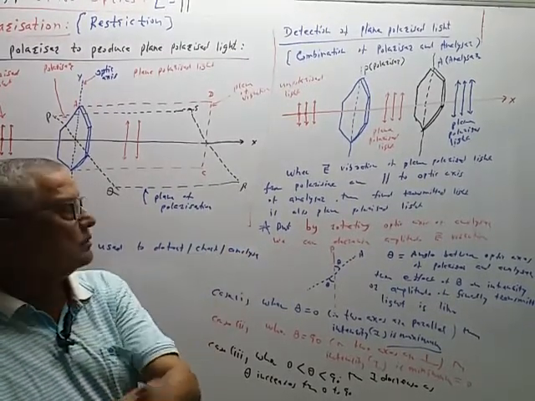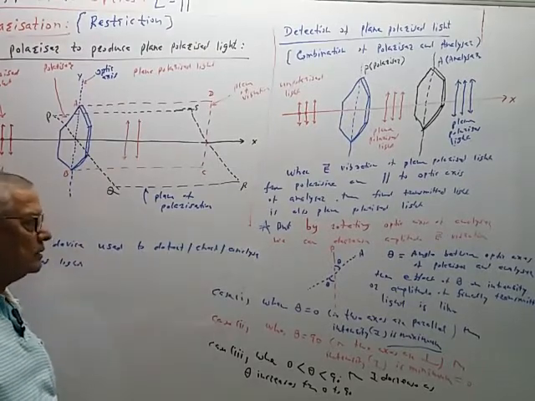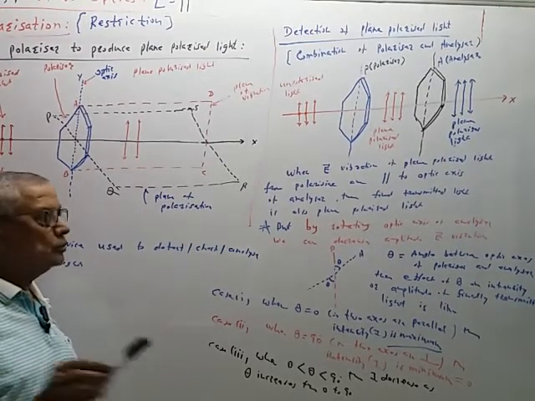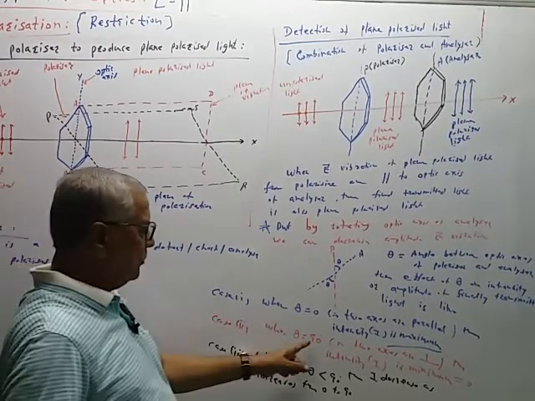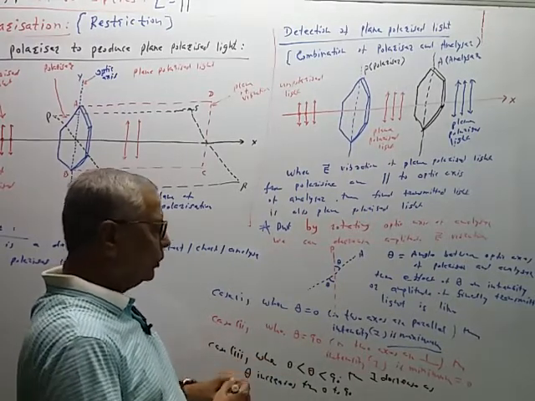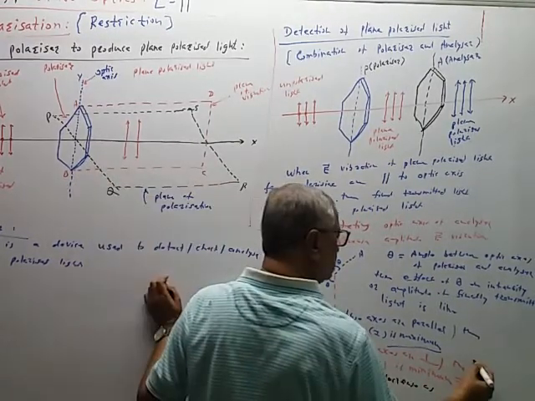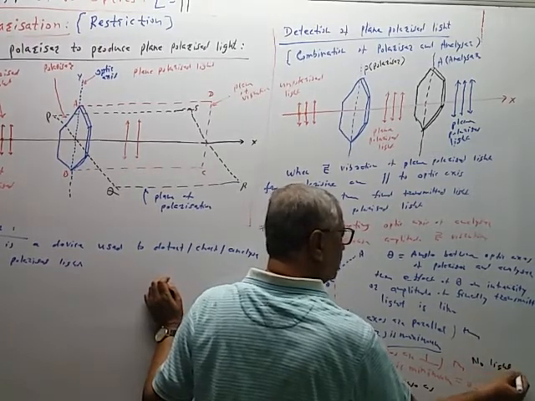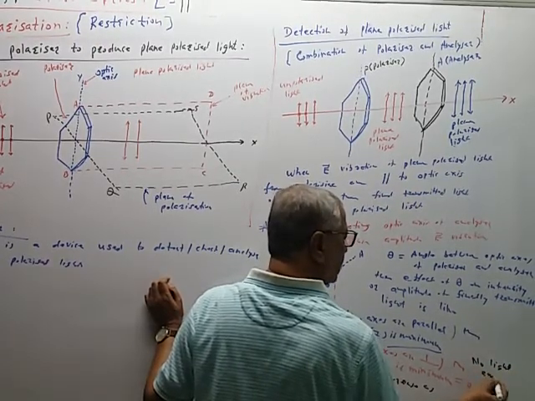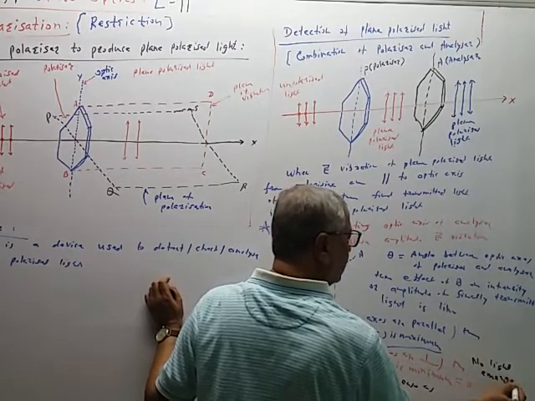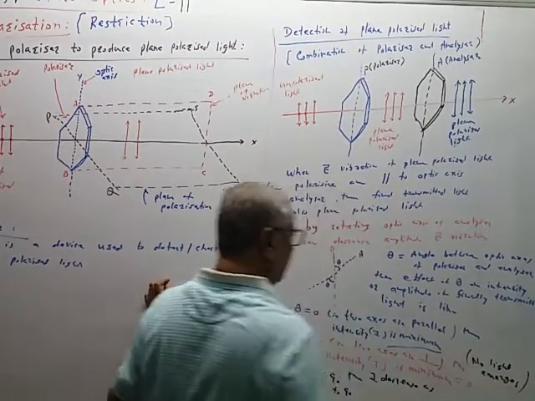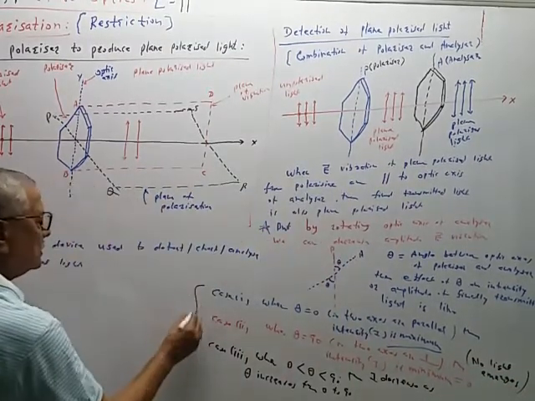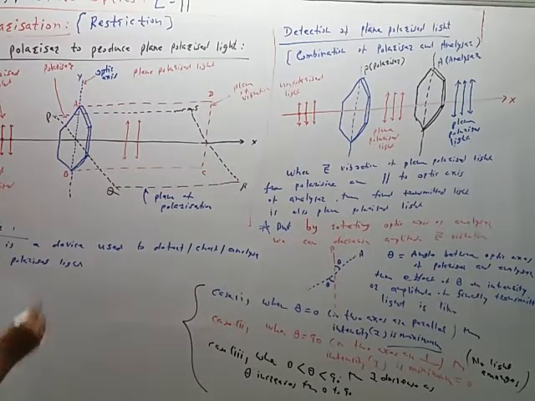So in this case, when theta is equal to 90 degree, no light emerges. We can cut off the light 100%. So this is the important use of this system.